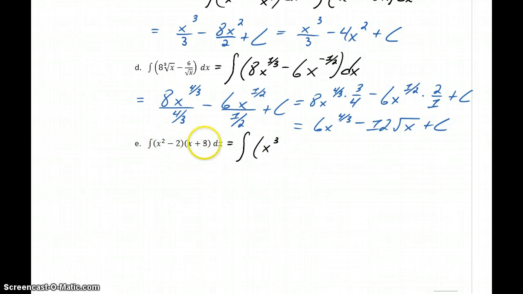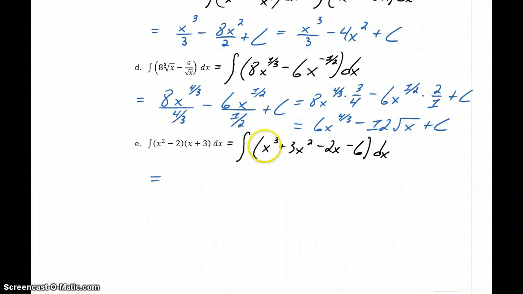The outside terms, x squared times 3, will give us plus 3x squared, plus the inside terms will give us minus 2x. And then multiplying the last two terms together will give us -6 dx. So we can't integrate the product of two functions. So in this case, what we'll do is just expand that out.